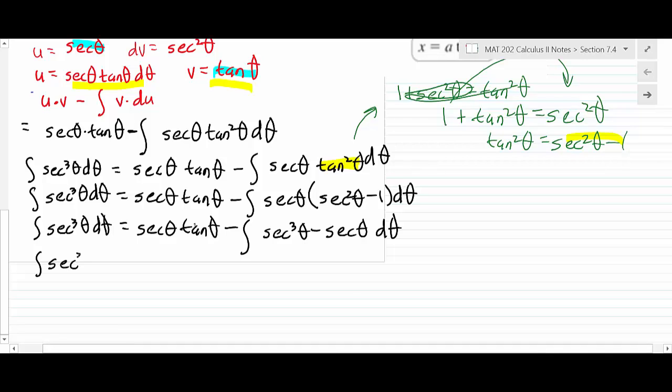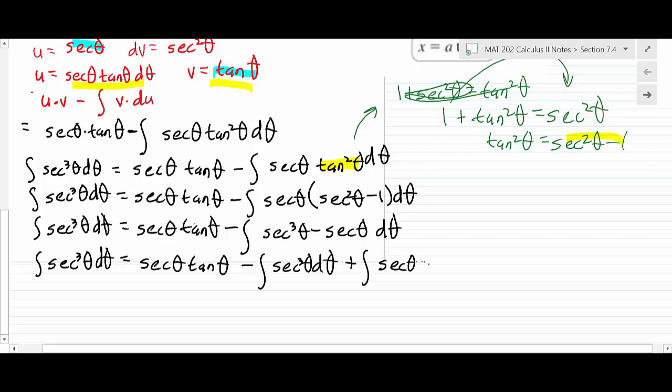So I'm going to write this as the integral of secant cubed theta d theta equals secant theta tangent theta, minus the integral of secant cubed theta d theta. And then I've got a minus minus, so be careful about that. So that's a plus the integral of secant theta d theta. We're getting pretty close to doing this now.